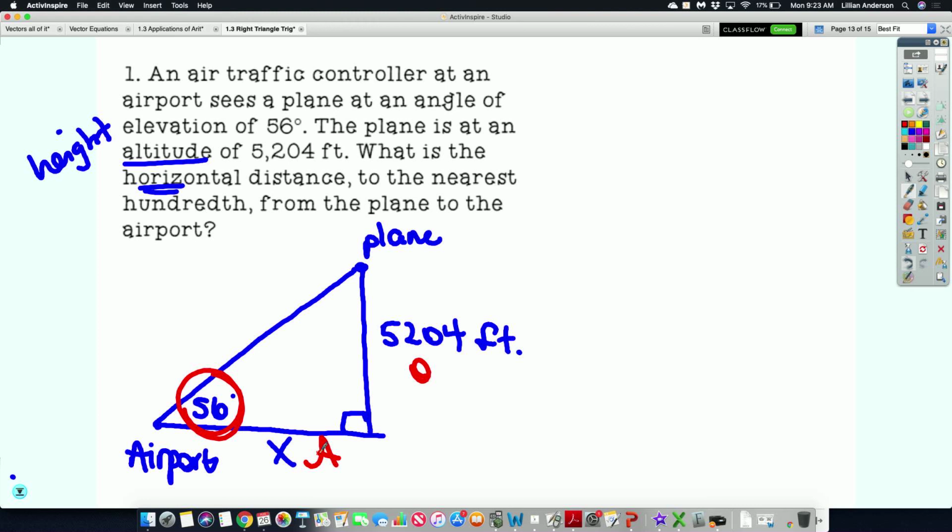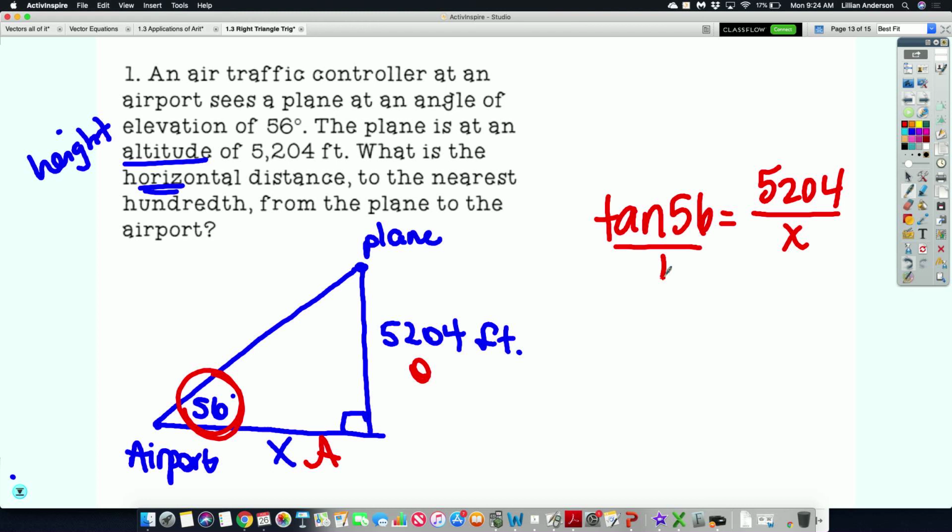Opposite and adjacent make tangent. So tangent of our angle equals our opposite side over our adjacent. If I set up the proportion and cross multiply, I'll have x tangent 56 equals 5,204.